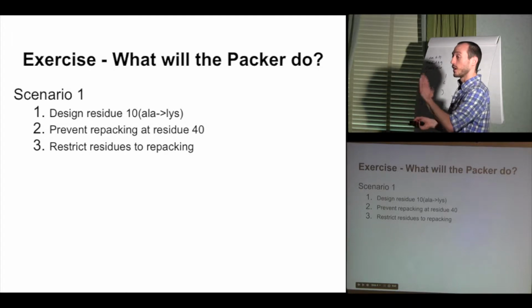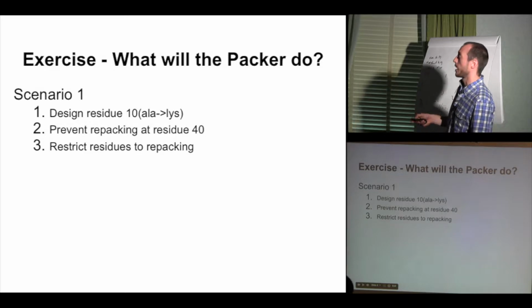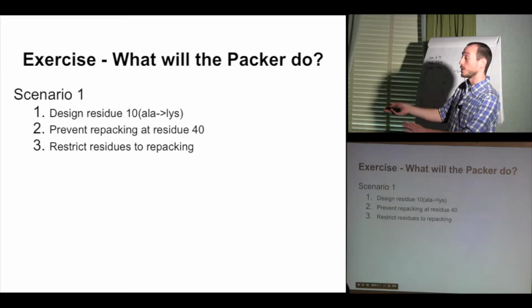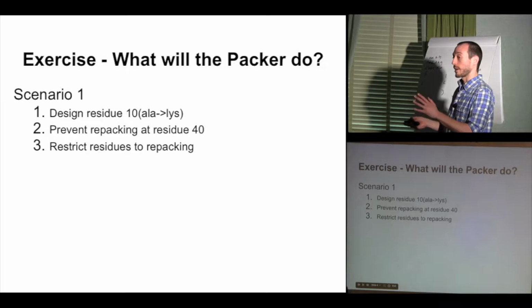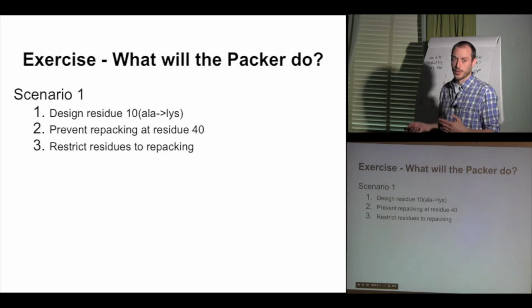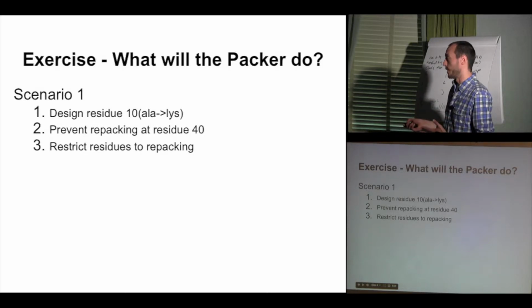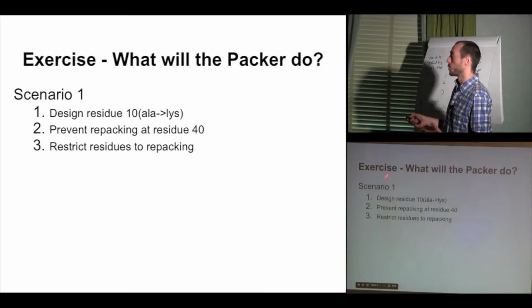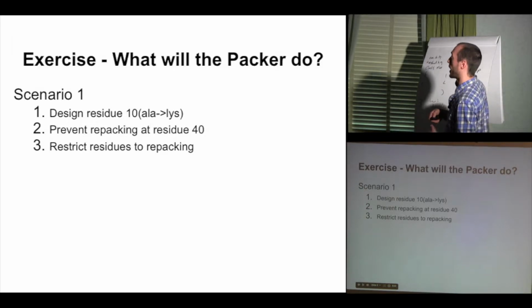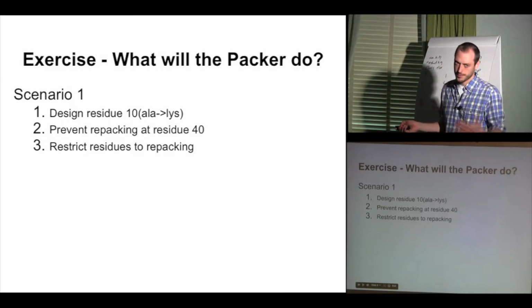That means it can't change its rotamer at all. And the third thing you're going to do is restrict every single residue to repacking only. That means it can change rotamers, but only to rotamers of the same amino acid type. I'll give you a few seconds to think about it, but what do you think the result of this will be? Which residues are going to be allowed to design, which residues are allowed to pack, and which residues aren't allowed to move at all?